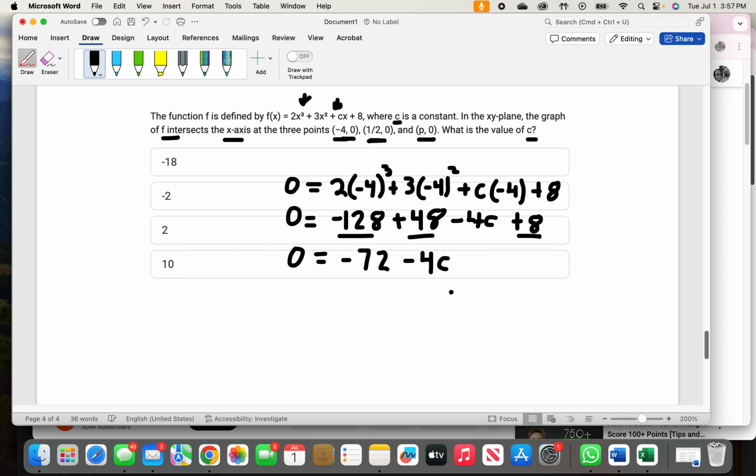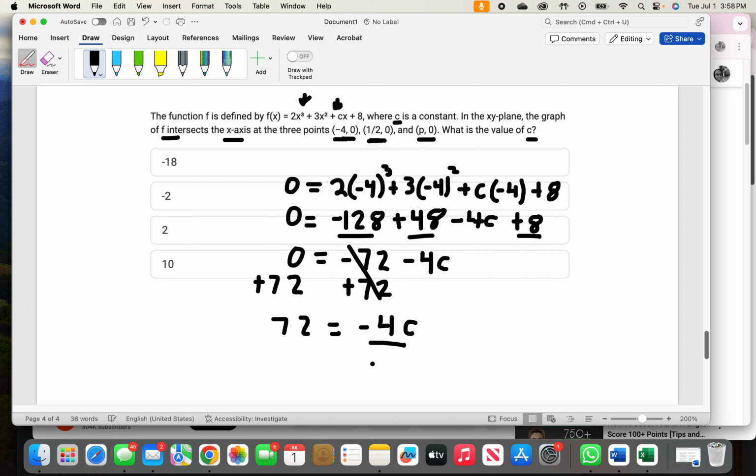So now this is a two-step equation, so I'm going to move the 72 to the other side by doing the opposite of negative 72, that is adding positive 72. So when I do that, 0 plus 72 is 72 equals, and then negative 72 plus 72 cancel because that equals 0, and then equals negative 4c. And now to get rid of that negative 4, I'm going to do the opposite.